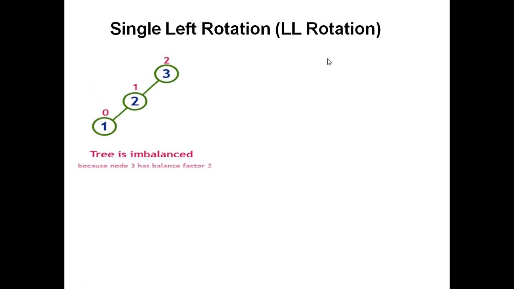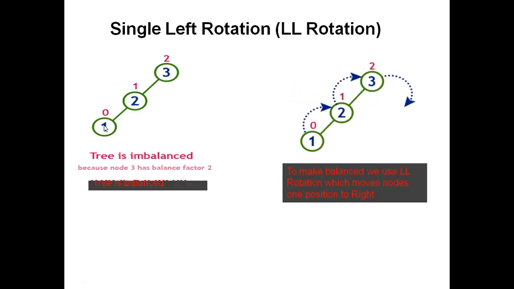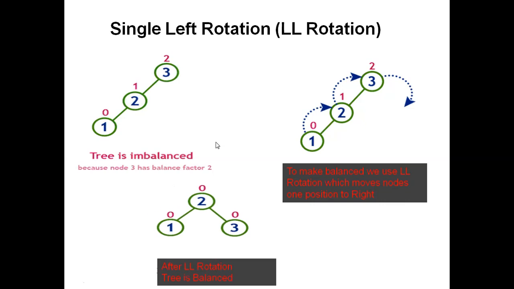Similarly in LL rotation, see the value is on the positive side. It means the node got higher on the left hand side. So we have 1, 2, 2, and 0. So 2 minus 0 is 2, so it gets higher on the left hand side. Now let's see how we are going to balance it.